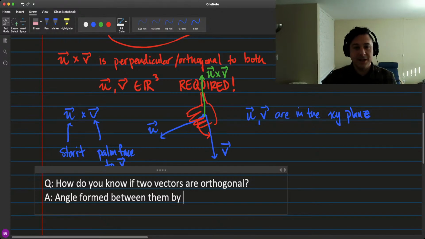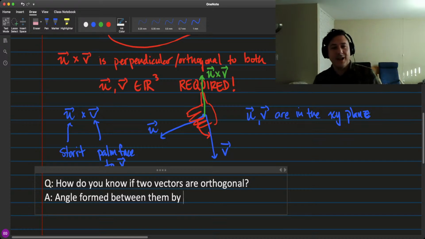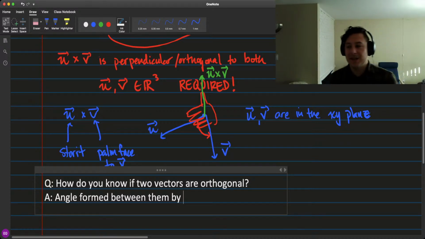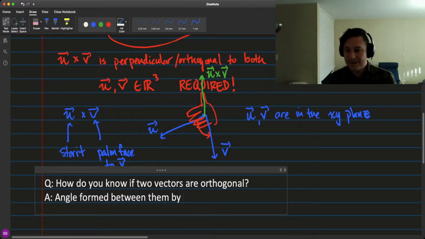If you don't know the angle and you only have the vectors, there's a calculation you could do to figure out if they are orthogonal.